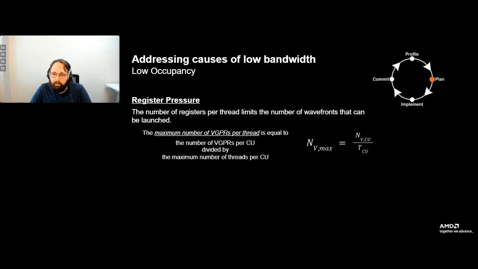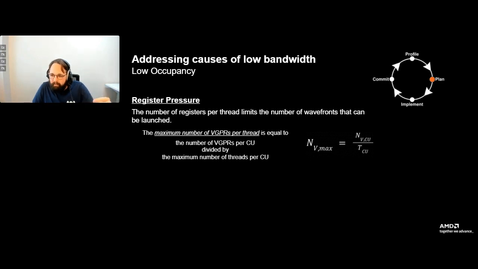Now, first, I want to talk about the maximum number of registers we can have per thread without influencing the number of wavefronts. So if I know the number of vector registers per compute unit, and if I know the maximum number of threads that compute unit can support, remember we reported from ROCm info the number of wavefronts we can have per compute unit.